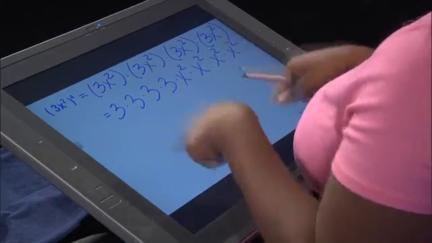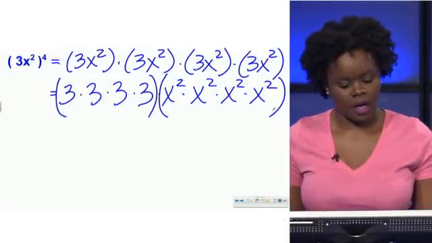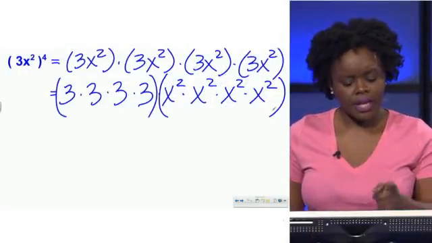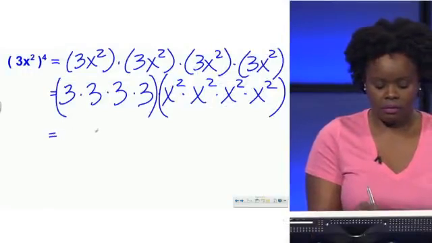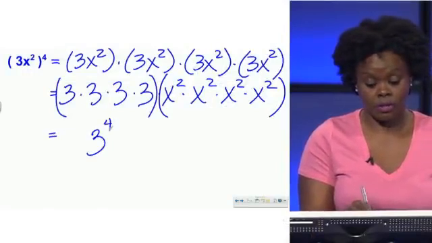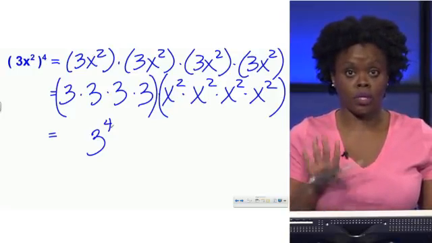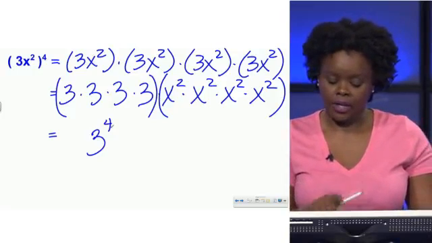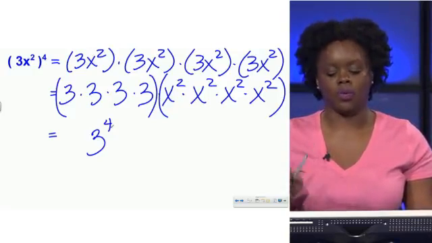Okay, now I'm going to wrap parentheses around those different groups just to help me zone in on them. All right, so I have 3 times 3 times 3 times 3. I could represent that as 3 to the 4th, right? Because you're multiplying 3 by itself 4 times. Now here you have x squared times x squared times x squared times x squared.